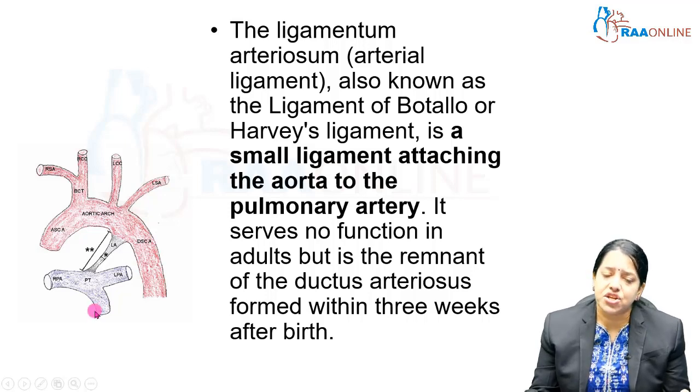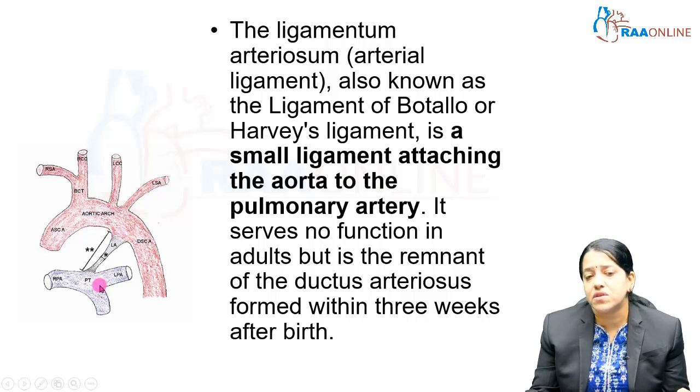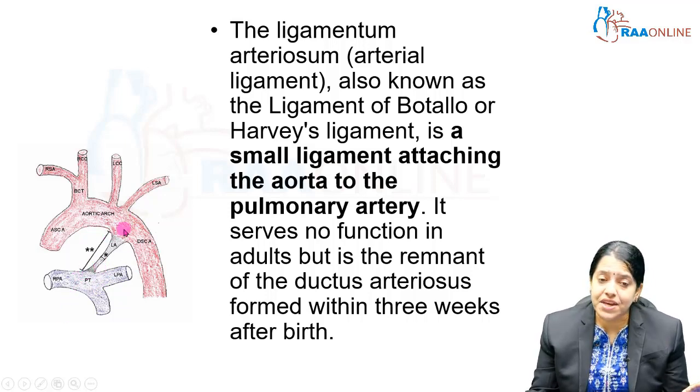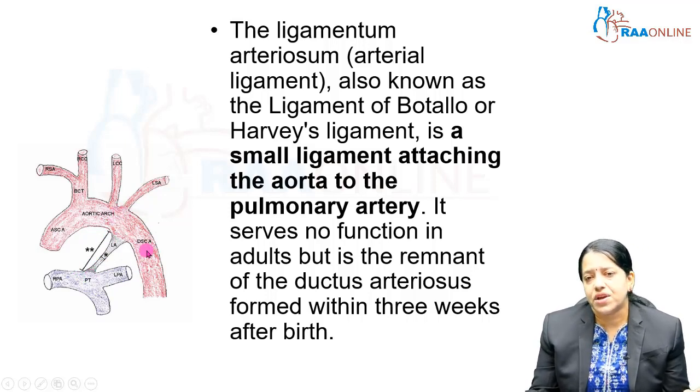That connection is a shunt, and that is the ductus arteriosus. After birth, what happens? This ductus arteriosus closes because the left side pressure in the heart increases, and it is converted into a ligamentous structure, but that connection remains between the pulmonary trunk and the arch of aorta, and that is called the ligamentum arteriosum.